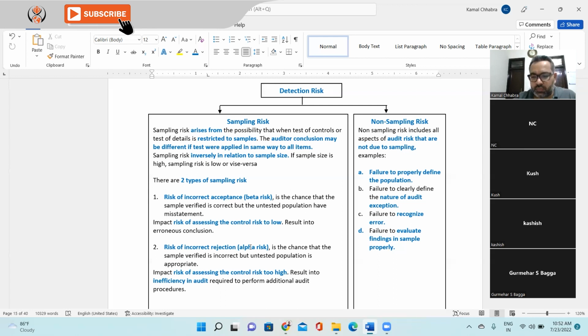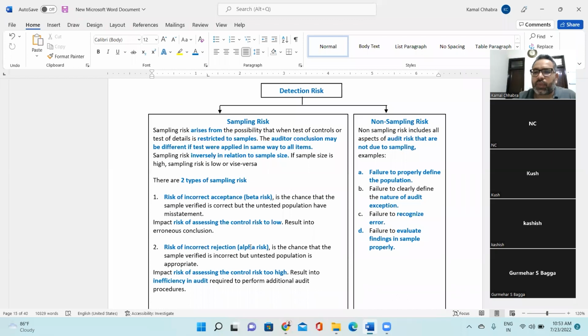So is this an equivalent of detection risk? No. When your control risk is low, then detection risk will go up. So where we say risk of incorrect acceptance, we're saying that the sample we picked up is absolutely okay, but the balance population has an error.